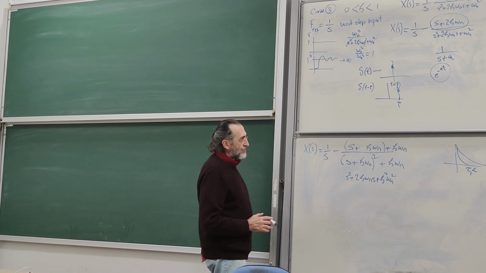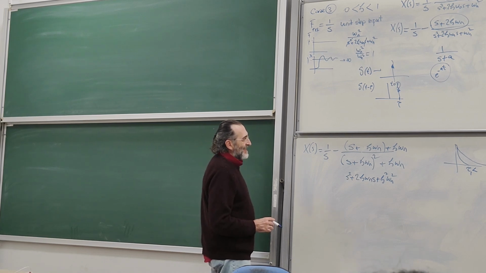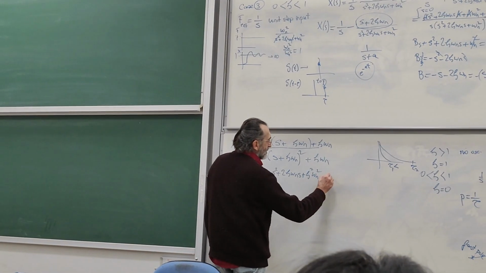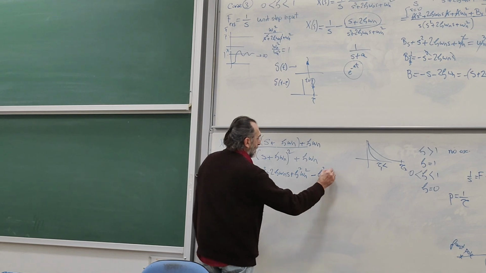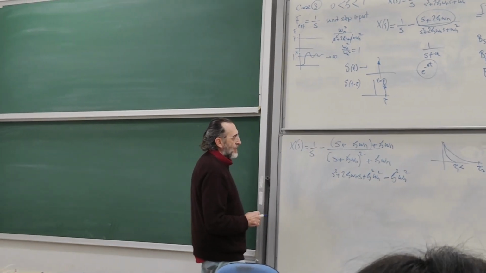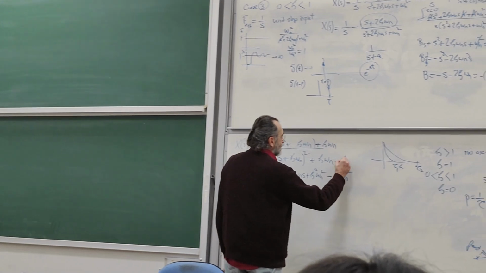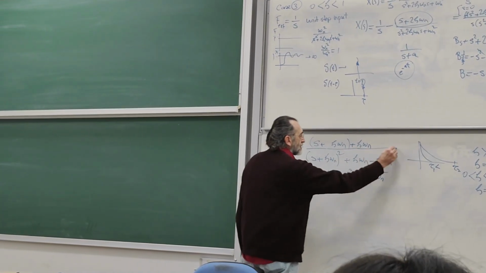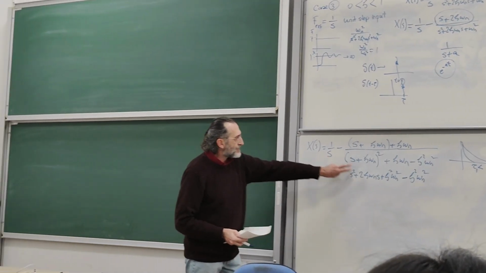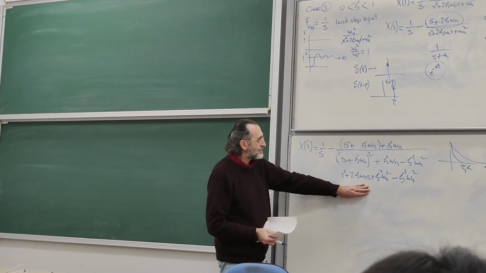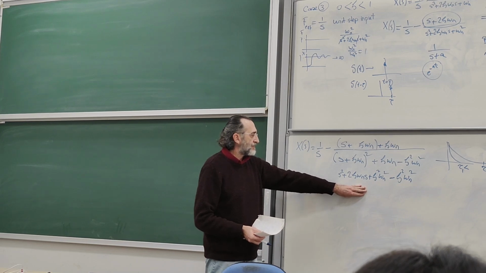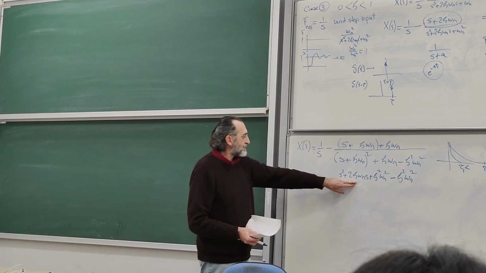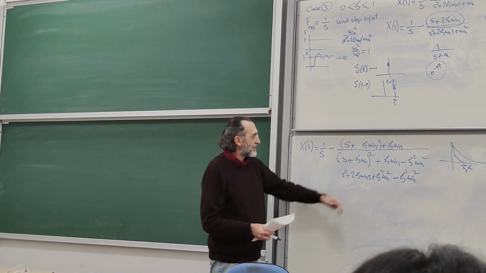So what I'm going to do then is add or subtract minus zeta squared omega n squared from this. Minus zeta squared omega n squared. Okay? So if I open this, I get that. And then I have to have, I guess, another zeta omega n, right?